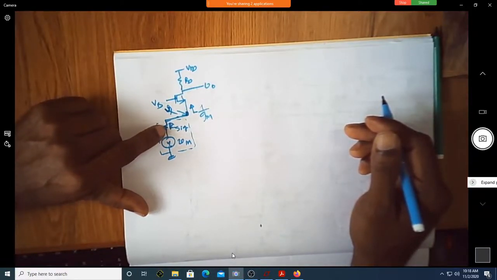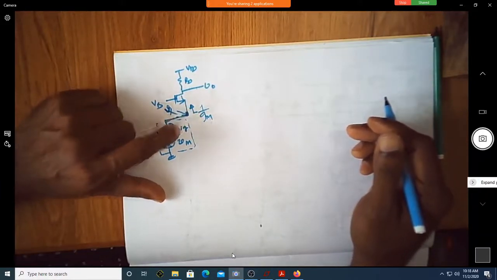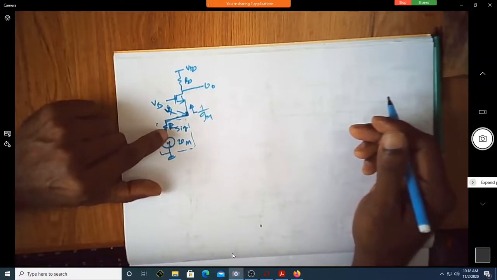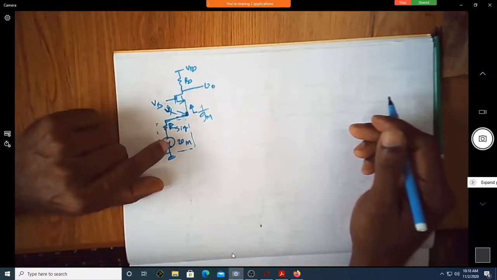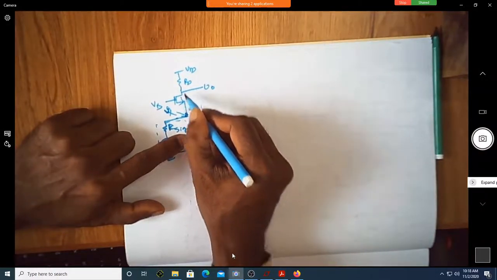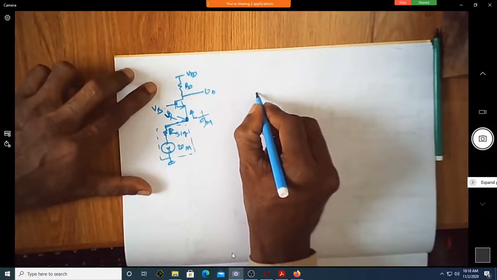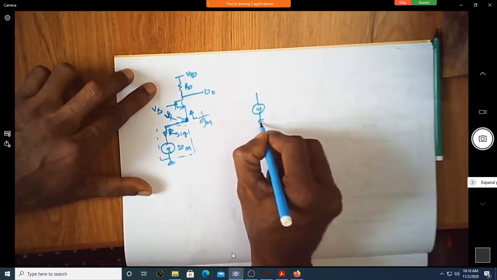So let us consider the voltage available at this source due to the input voltage, with R signal as the signal resistance, and 1 over gm as the resistance seen by the entire network as the input impedance. Will I rewrite it as something like this?